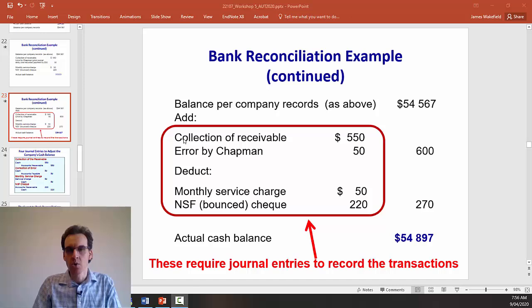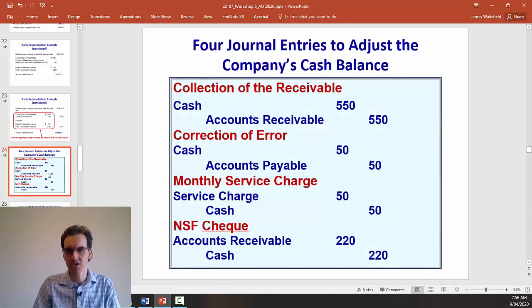So what we want to specifically do is add the collection of the receivable, adjust for the error that was made, and deduct the amounts for the service charge and the bank check. This is how it will look in the journal entries, right?